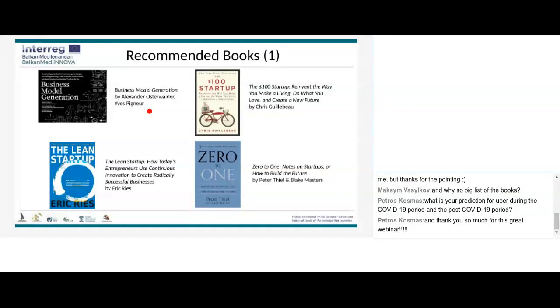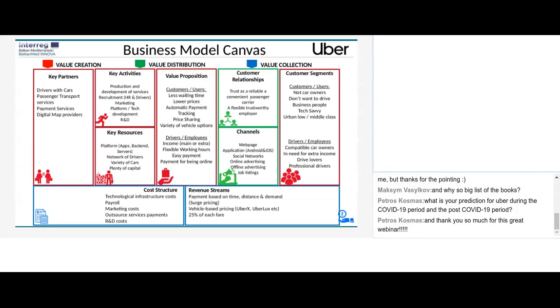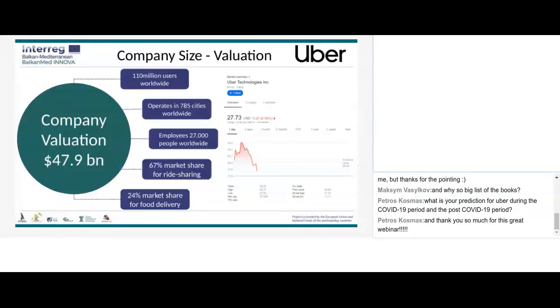As I see, the stock of Uber dropped since the COVID-19 outbreak, as you can see here in these slides. But this is for a 1 day period. I didn't put any longer charts here because I wanted to get the current valuation of the company.